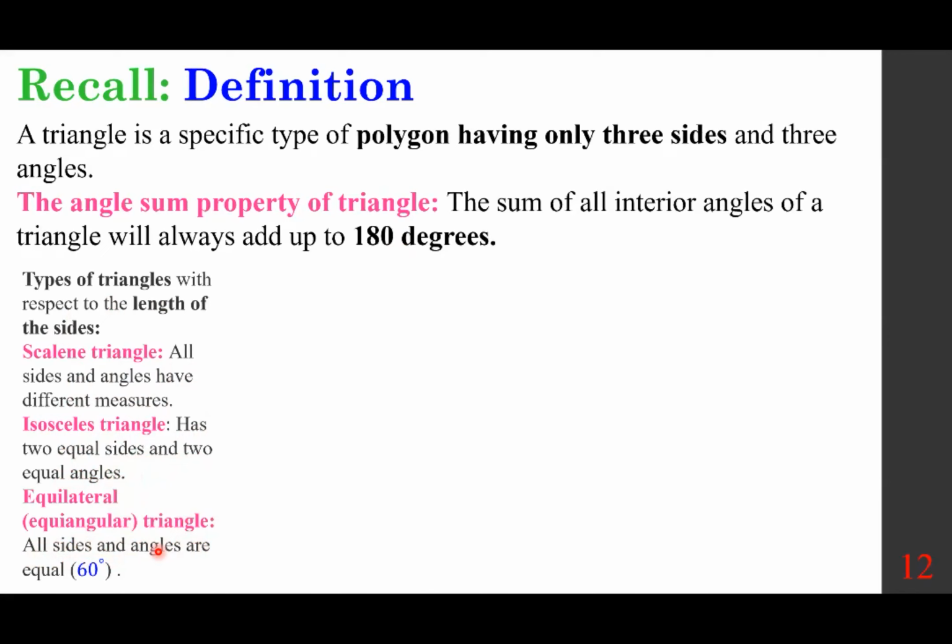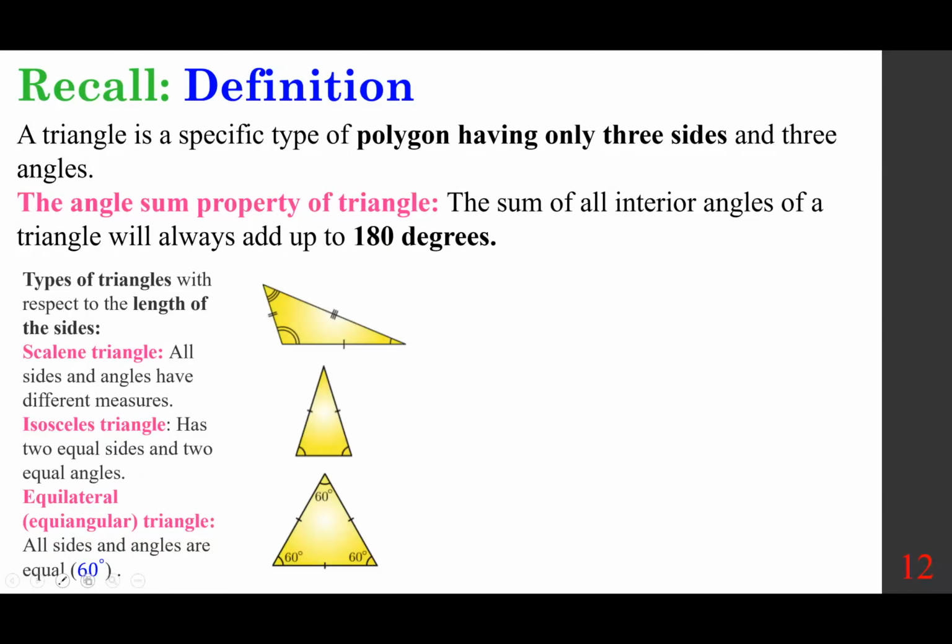That means 180 divided by 3 makes it 60 degrees each. This is a general form. This is isosceles: 2 sides are equal, 2 angles are equal. This is equilateral, and all sides are identical, so are the angles. Just to refresh your memory.